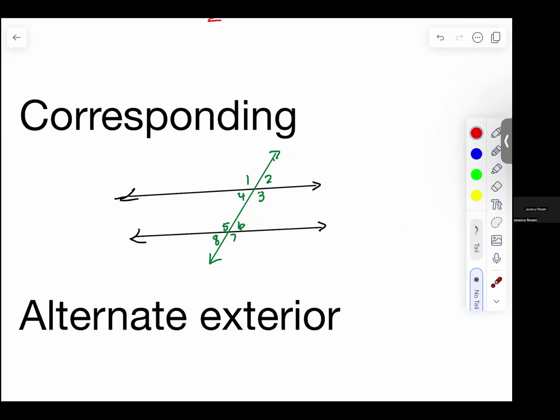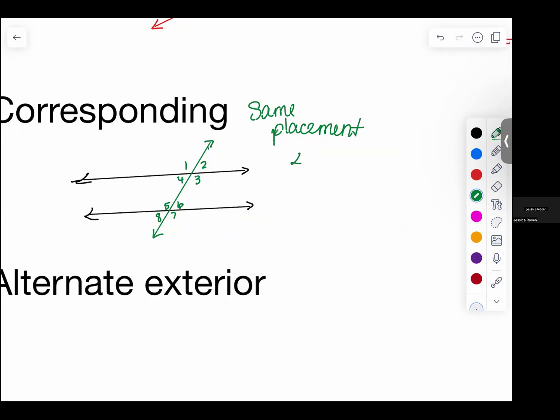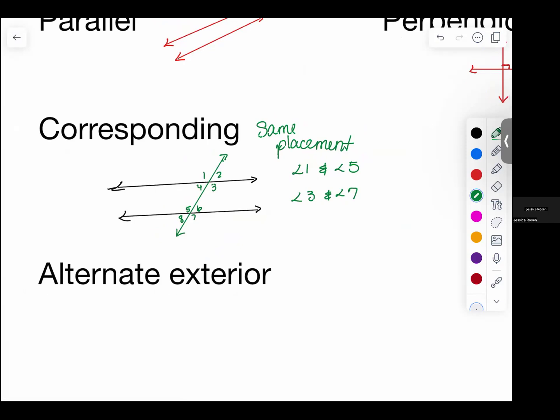And 4 and 8 are both bottom lefts, so they correspond. So it's basically like in the same placement is what we're talking about. So angle 1 and angle 5. Or like we said, angle 3 and angle 7. So it's the same placement location.